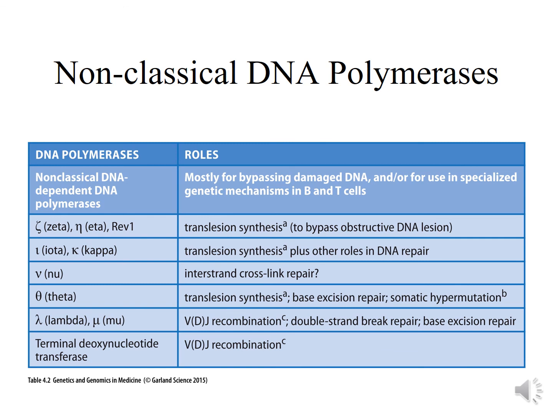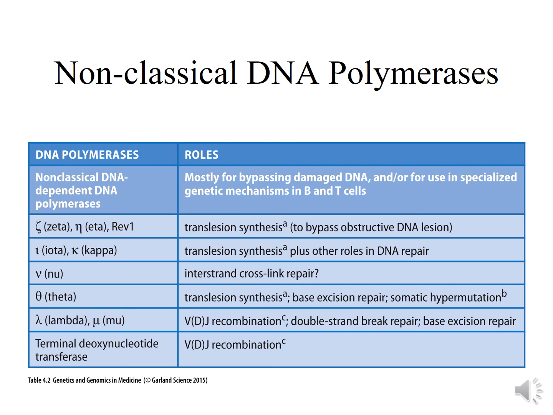Sometimes DNA lesions may be identified but are not repaired before DNA replication. This phenomenon is known as damage tolerance. For example, DNA lesions that block DNA replication may be bypassed rather than repaired, and then non-classical DNA polymerases are required to resume DNA synthesis past the damaged site in a process known as translesion synthesis.